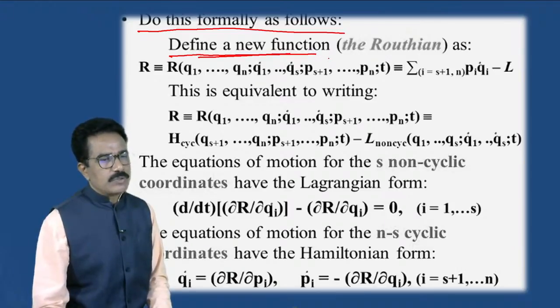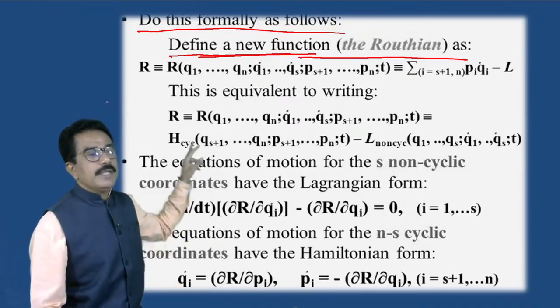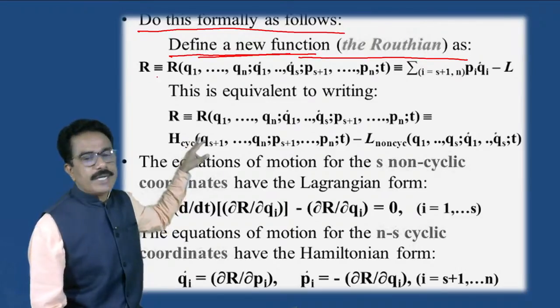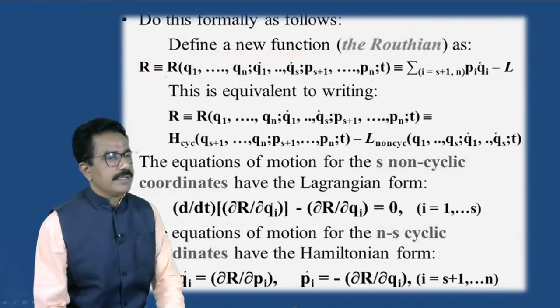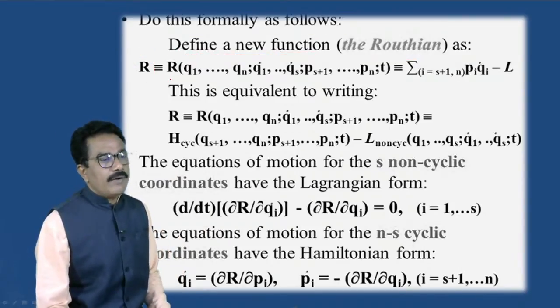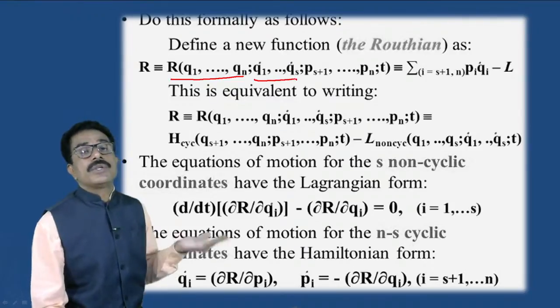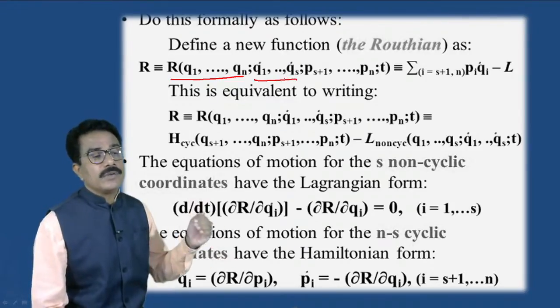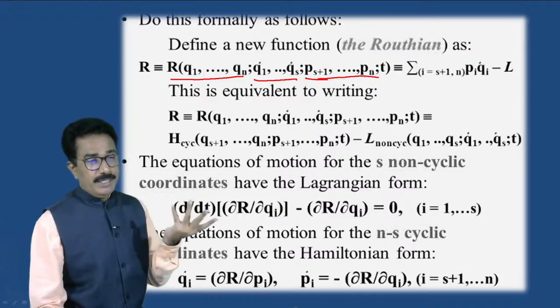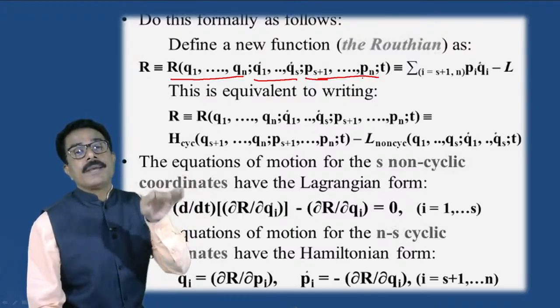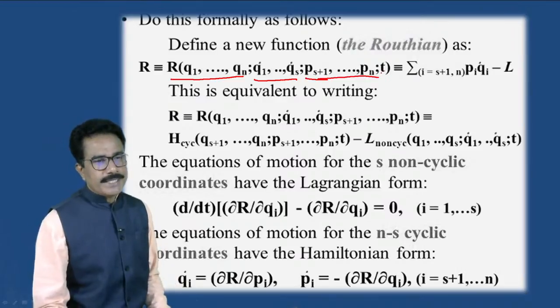How to define this Routh function? Suppose the Routh function is denoted by R. R is a function of q1, q2, q3 up to qn, q1 dot, q2 dot up to qs dot, which are non-ignorable, plus p(s+1), p(s+2) up to pn, the momenta of ignorable coordinates, and t.